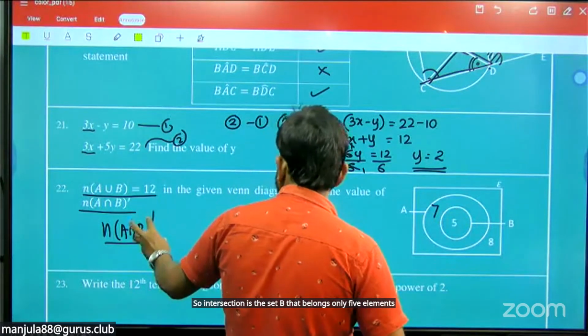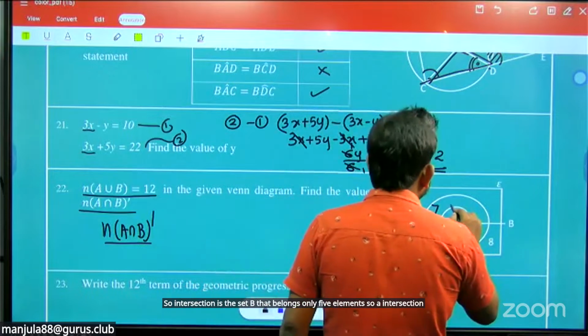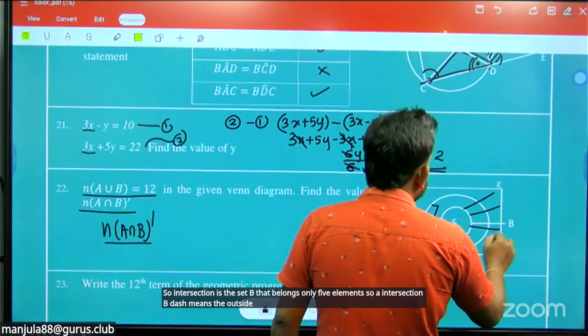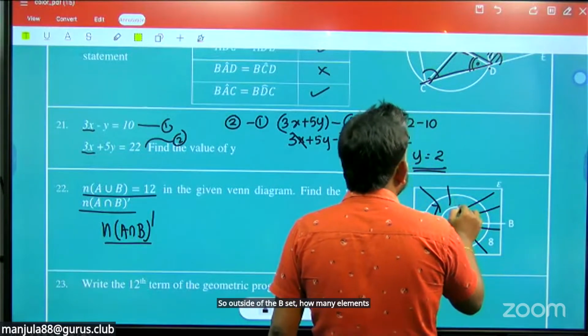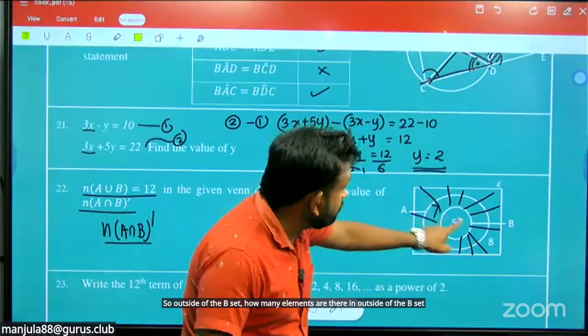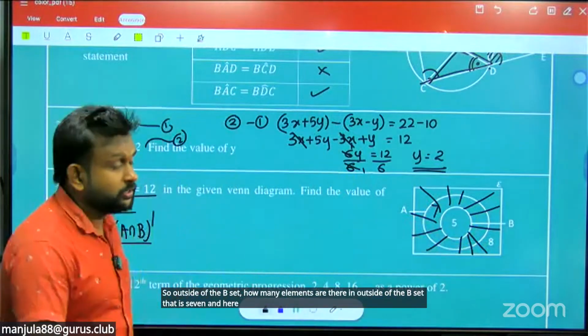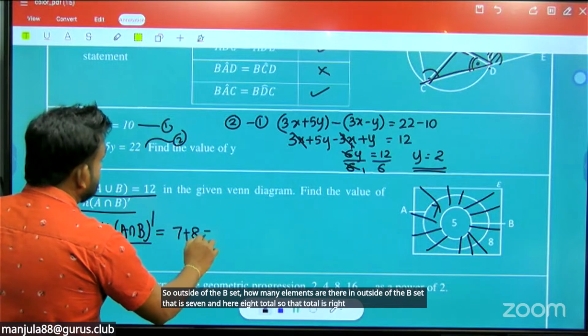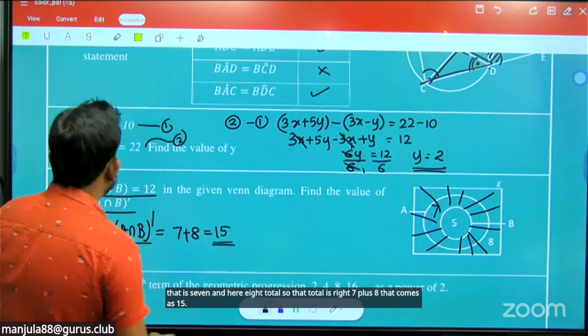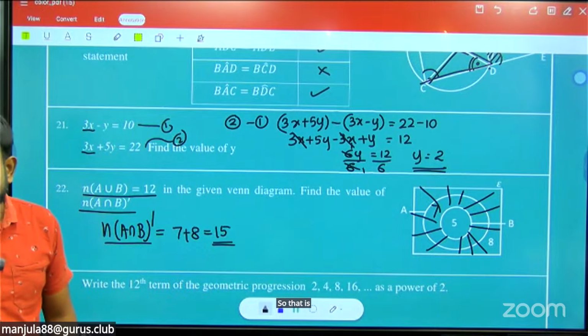So A intersection B dash means the outside of the B set. The outside of B has 7 and here 8, so the total is 7 plus 8, which comes to 15. That is the number of elements.